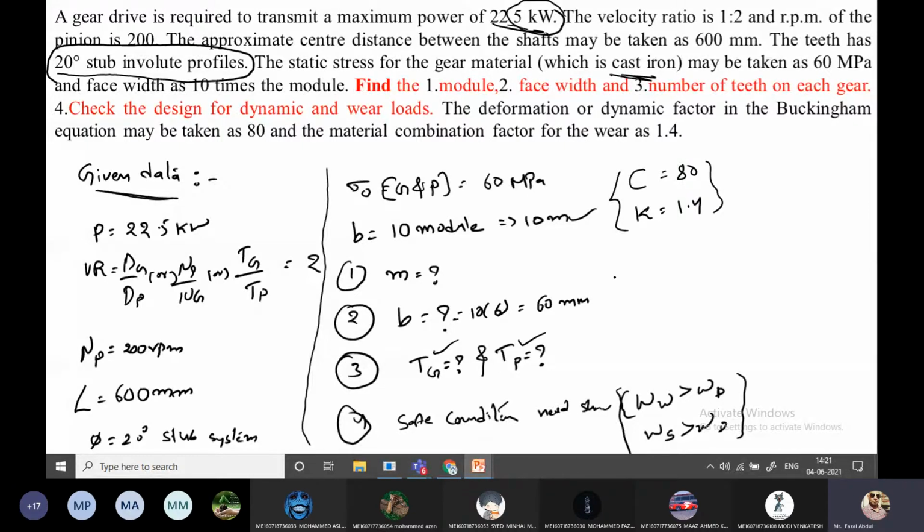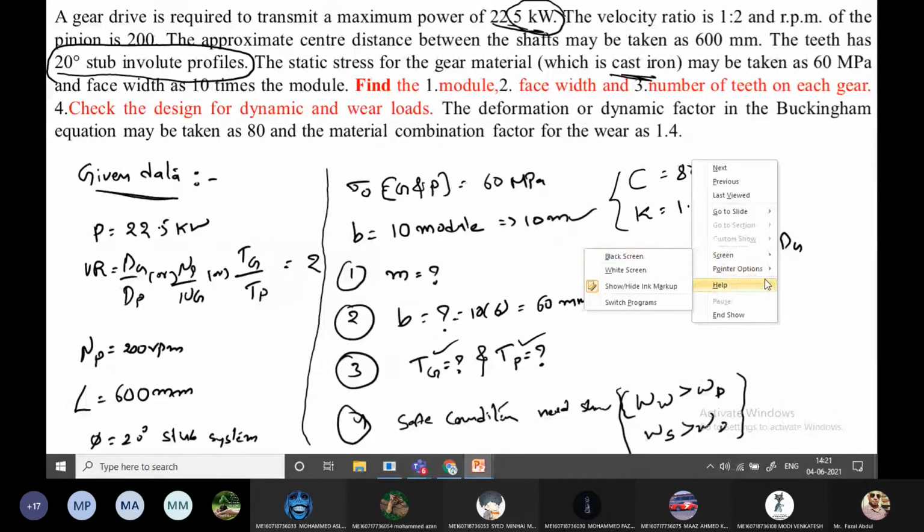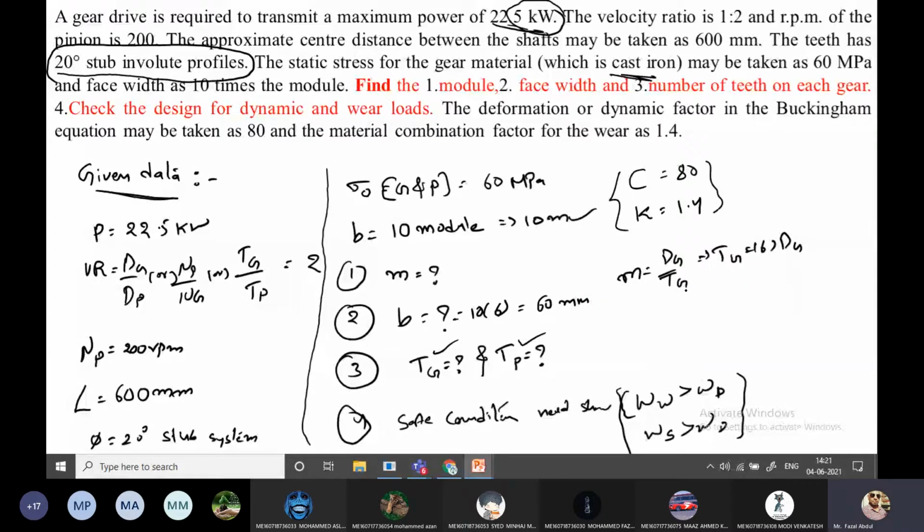Third question. For the number of teeth on gear, we have the relation module equals D by T. Module we are calculating for gear, so write gear by gear. So what is TG? TG equals DG divided by module 6. DG we calculated yesterday as 0.8.